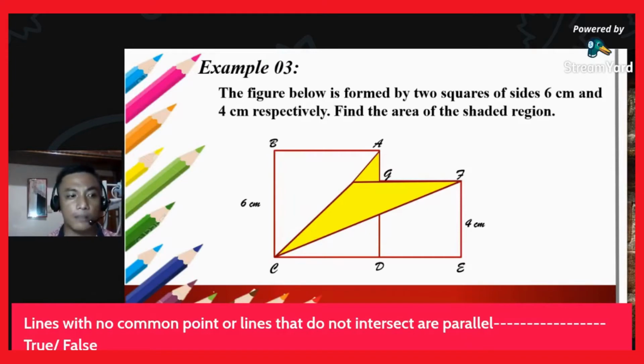This problem is similar to example number 1. So, what do you think is the area of the shaded region? I will give you 10 seconds to think for a solution for that.